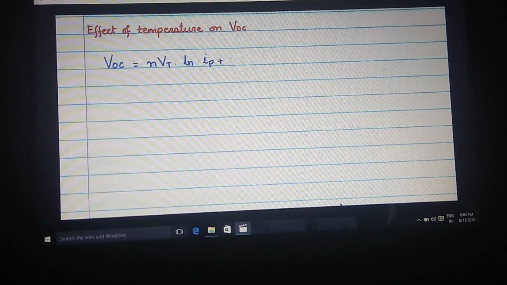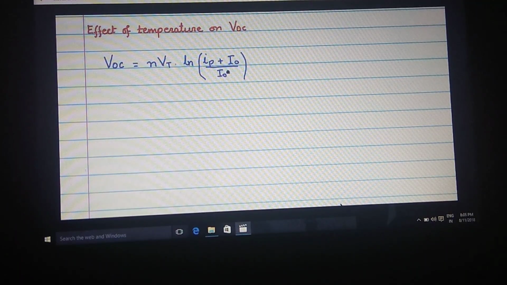It is given by this relationship, where NVT, N is 2 for silicon, Vt is the voltage equivalent of temperature, logarithm of Ip, the photocurrent, by I naught, the reverse saturation current.